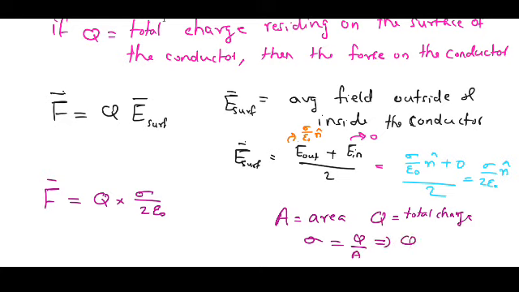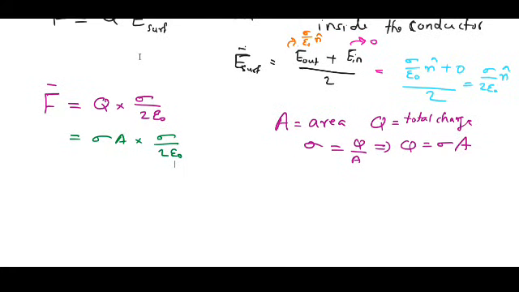From this I can write Q equal to sigma A. Therefore, this Q can be replaced by sigma A into sigma divided by 2 epsilon 0. That is, F can be written as sigma square A divided by 2 epsilon 0.